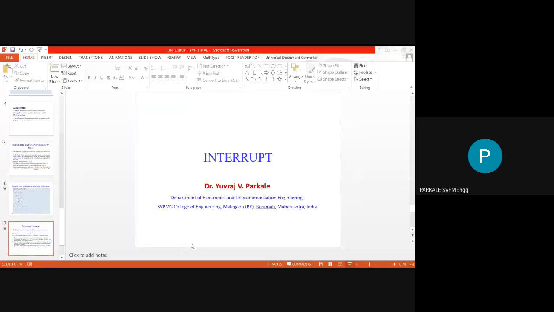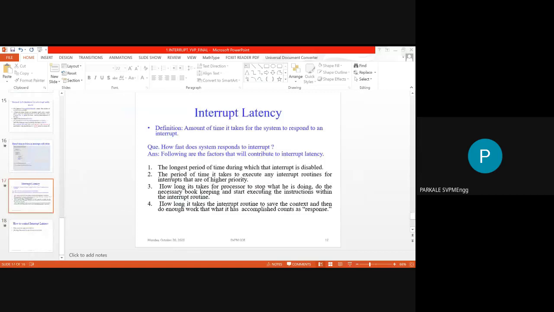Is it fine? Some members are waiting outside the class. Please give permission to others. Deshmukh, I think I have done automatic admit.